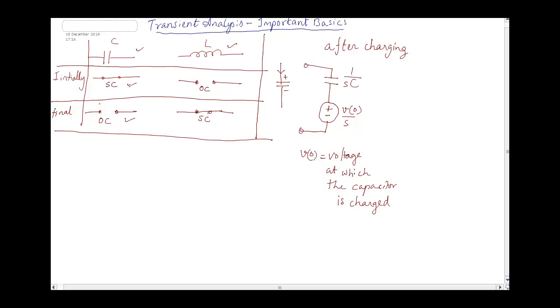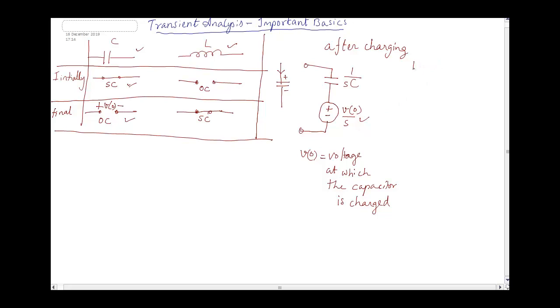So whatever is the voltage across this open circuit, that voltage is the voltage up to which it has charged. That voltage is what we are going to write here, and it is important to find that voltage to do the problem.